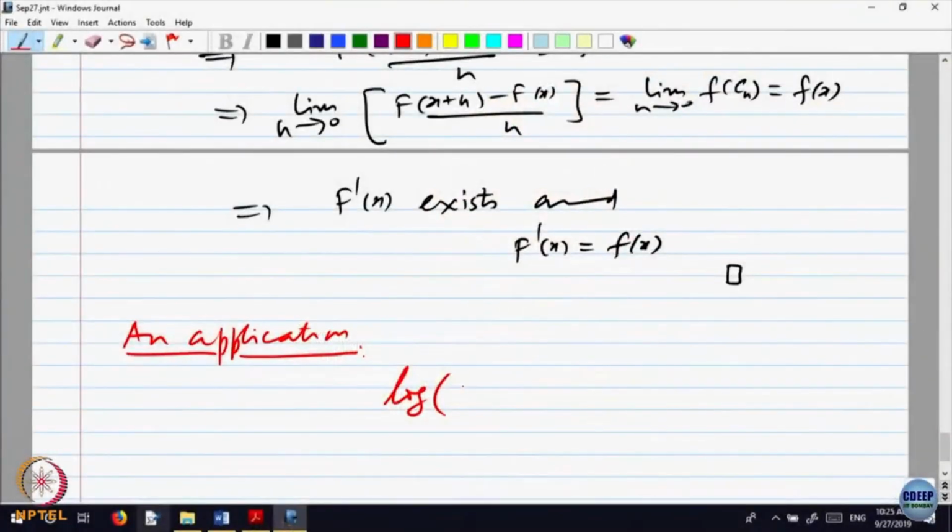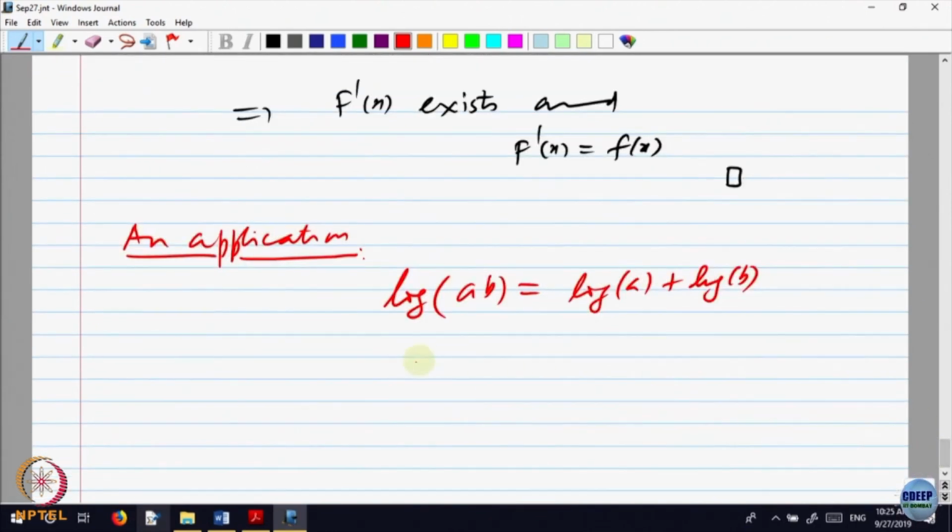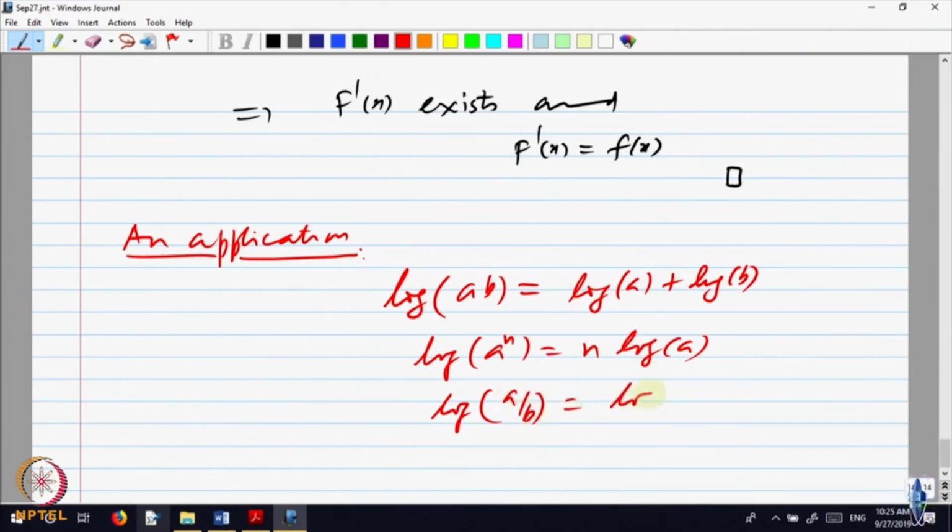Also the log function is a function which has some nice properties. What are the properties of the log function? Normally we have log of AB, what is that? Log of A plus log of B, and then we have log of A raised to the power n is equal to n times log A, and log of A by B, whenever defined, we say it is log of A minus log of B, and so on, right?